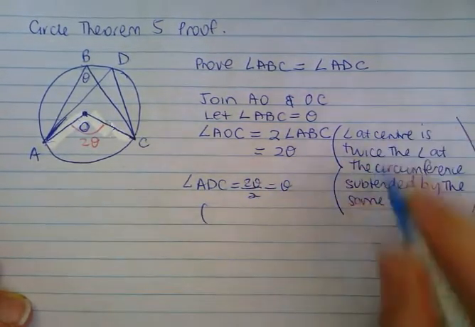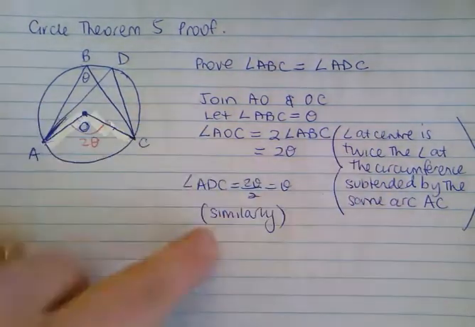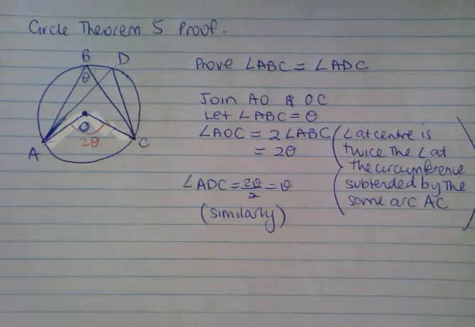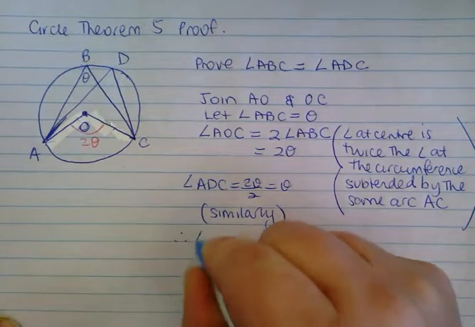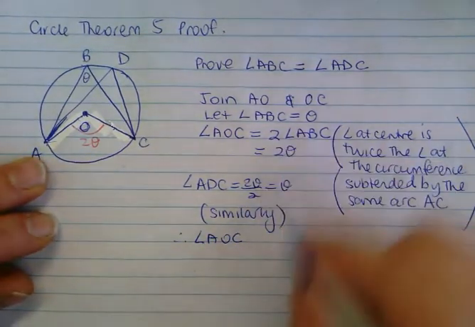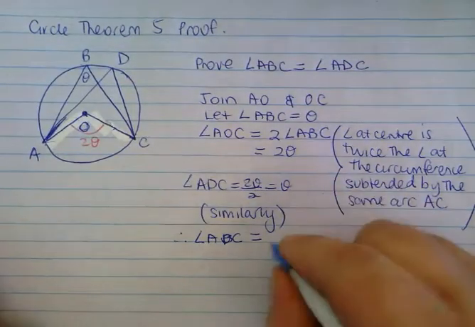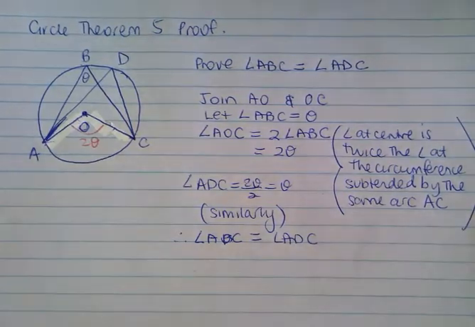Reason, similarly, because it's exactly the same reason: the angle at the center is twice the angle at the circumference subtended by the same arc. So therefore angle ABC is equal to angle ADC.